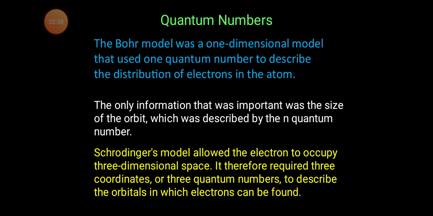But this information is not sufficient. Then quantum chemistry and the Schrodinger model explained that the electrons occupy a region with a three-dimensional arrangement, which requires three coordinates. In the same way, we require three quantum numbers to explain the position of the electron.